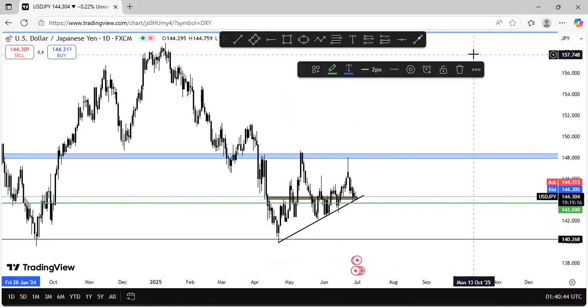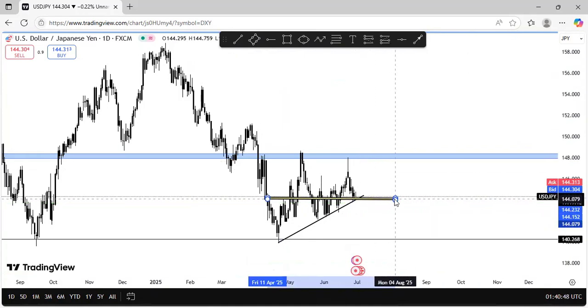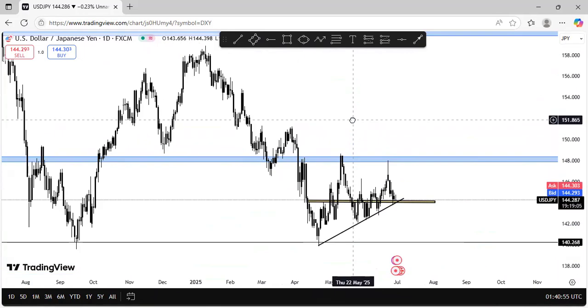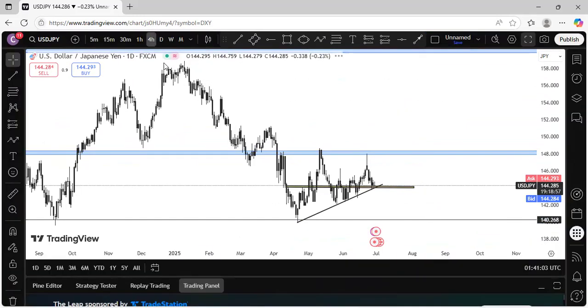If this pair really wants to fall, that's fine. I'm going to wait for you. Right now on the USD JPY, I'm waiting for price to break this level. So let's go out to our 4 hour time frame.